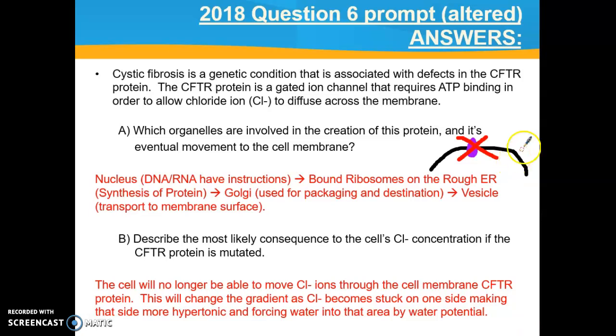For example, if this protein normally moves chloride out, but it's not working, where is the chloride going to build up? It's going to build up in here. That's going to make this side of the cell more hypertonic. So what's going to happen? We're going to see water moving into the cell. That's an issue.